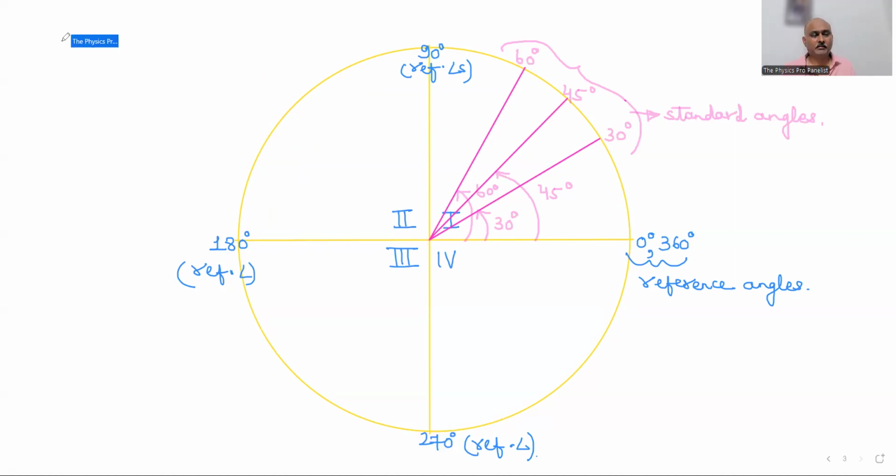So we can find them by using this rule. Please pay attention, all of you. Don't write. Pay 100% attention to what I'm writing now. It's a process, not a rule, to find the standard angles of the second, third, and fourth quadrants.